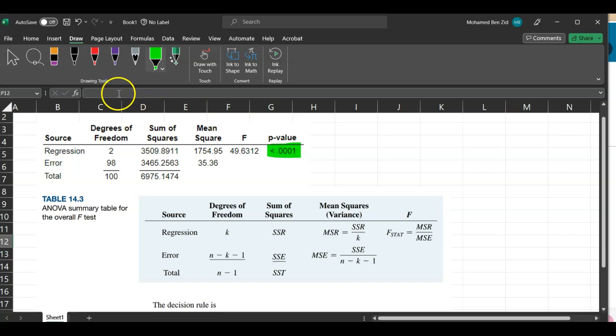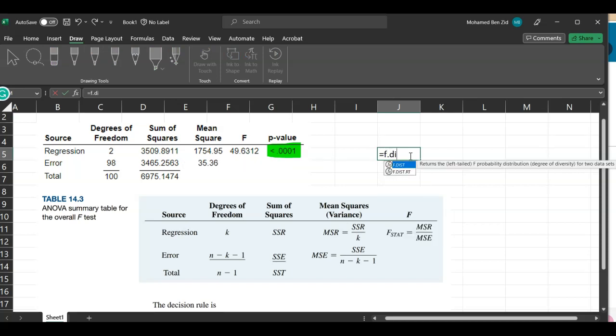There is another way to do it, by using a formula in Excel. Use the equal sign, and then we're going to use the F distribution. So F.DIST, and we select the one that has RT, which means right tail. Then we input the value of X, the F statistic, 49.6312, comma, and the degrees of freedom, which are right here.